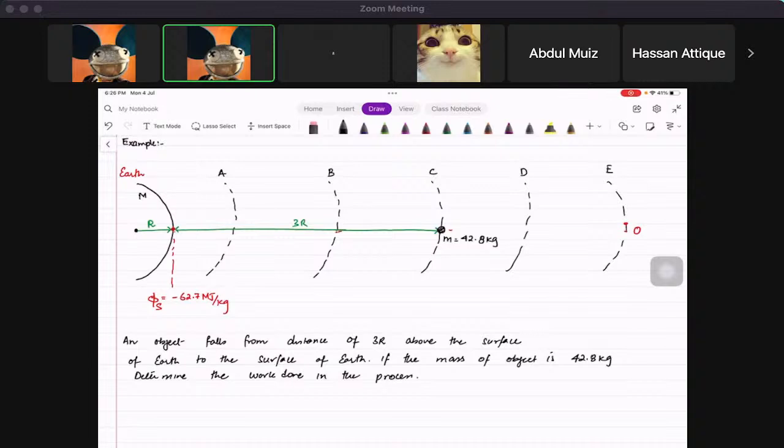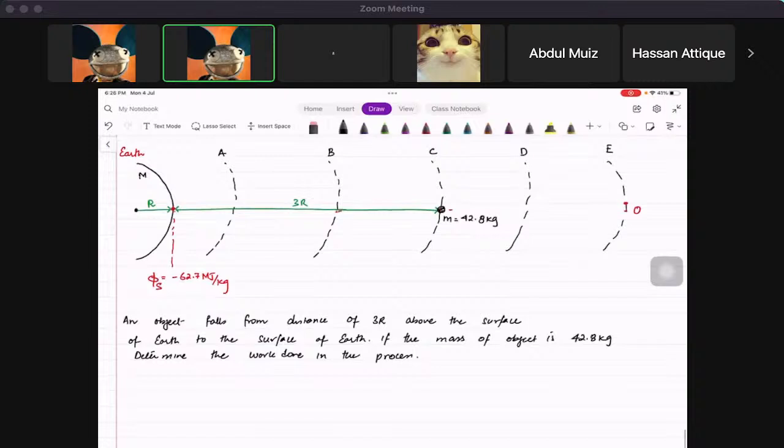Now, first of all, we need to follow some steps here to understand what we are really going to achieve. So step one in these sort of questions, and these questions will be in every single paper. If there is a potential question, this question will be there, or a similar question. So step one is always find the potential at the starting and ending point.